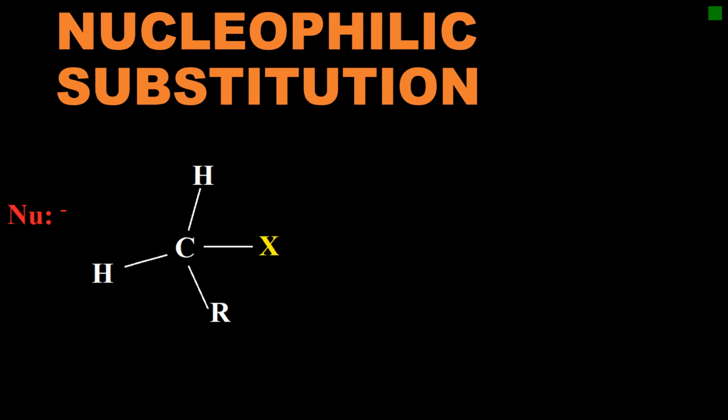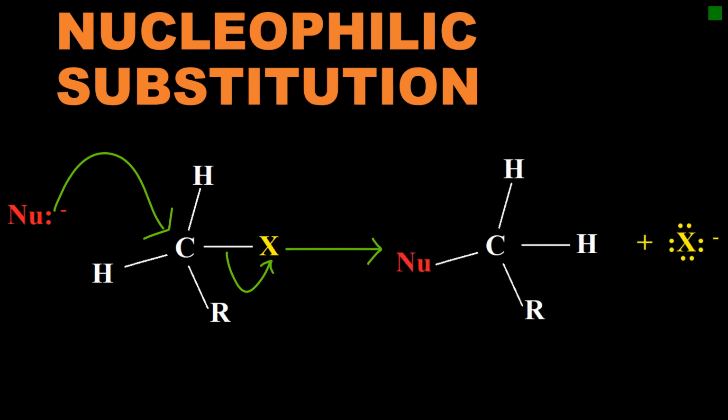The positive charge on the carbon is attracting electrons from the nucleophile to form a covalent bond. But this pair of electrons is going to repel the pair of electrons between carbon and the halogen and make the bond break, with the formation of a halide ion and a new molecule.